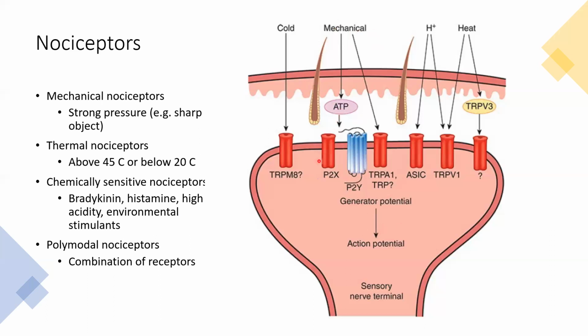Then it will stimulate your purinergic receptor or your P2X, which is an ionotropic receptor, and also your P2Y, which is a G protein coupled receptor. And then this will create the sensation of pain. You also have your tyrosine kinase receptor, TRKA1, which activates your nerve growth factor that is released due to tissue damage.